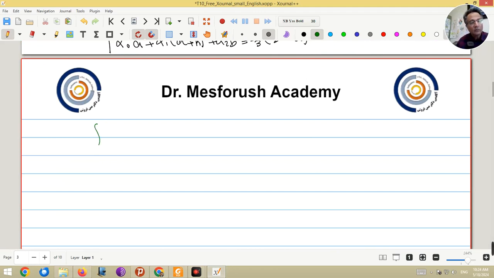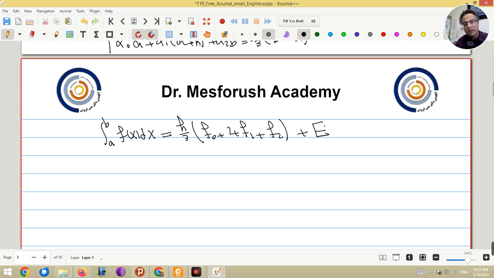Okay, so you can get a formula like this: the integral from a to b of f of x dx is equal to h over 3 times f0 plus 4 f1 plus f2 plus e, and I told in the previous lecture this is error. Okay, I will talk a little about this later.